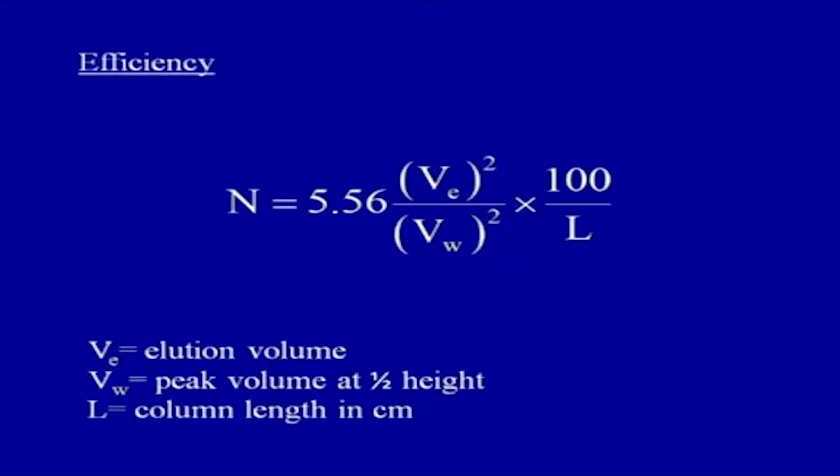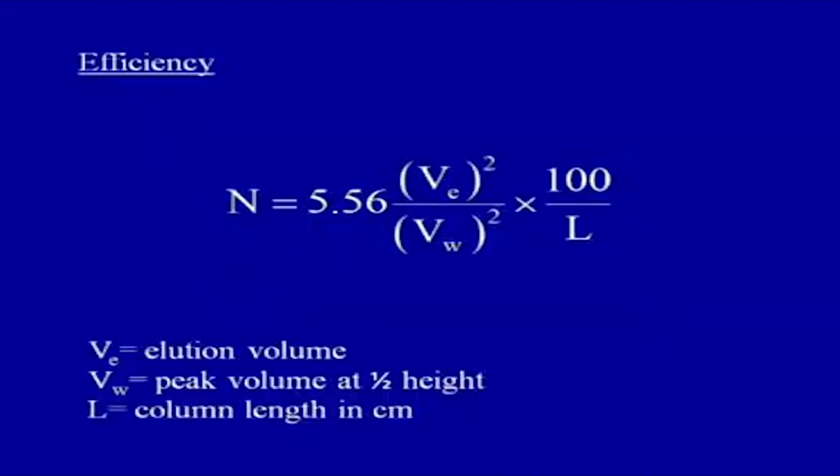If you consider the efficiency of a gel filtration column, if you could recall, we were talking about the theoretical plates. The more the number of theoretical plates, the better the resolution, the better the separation power of a column.